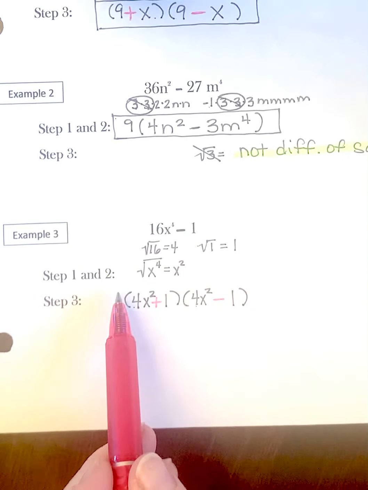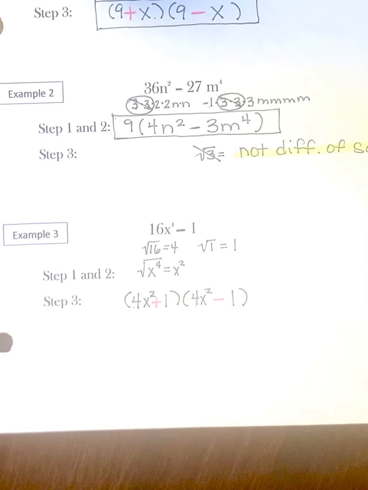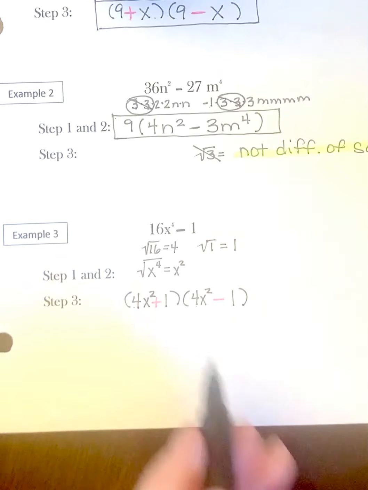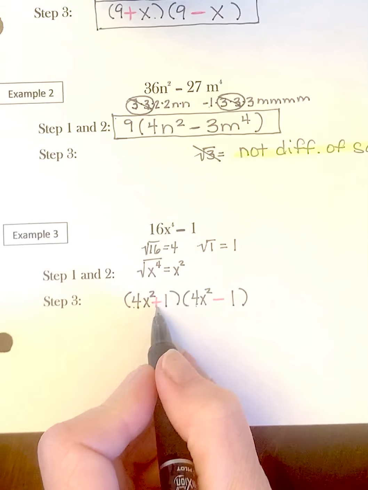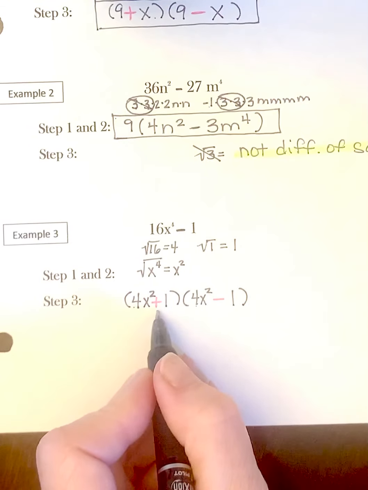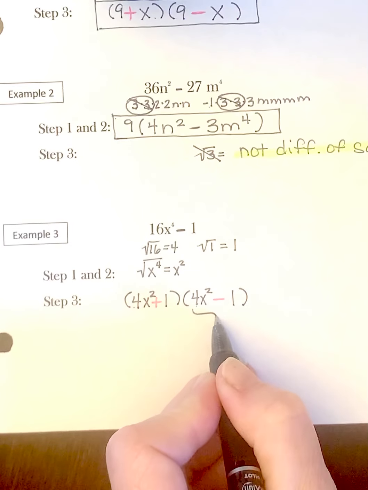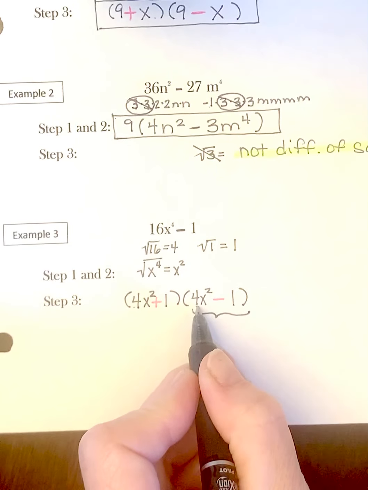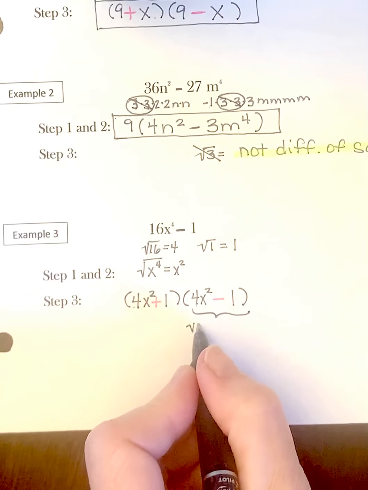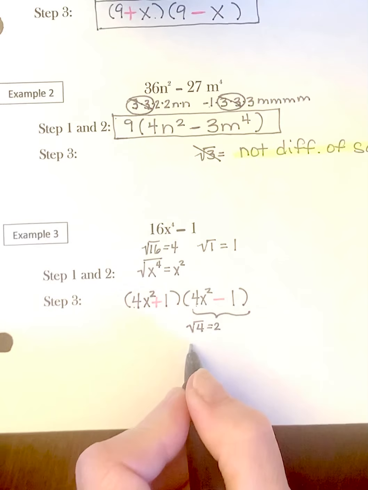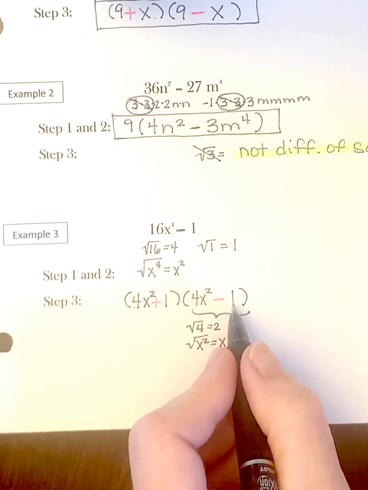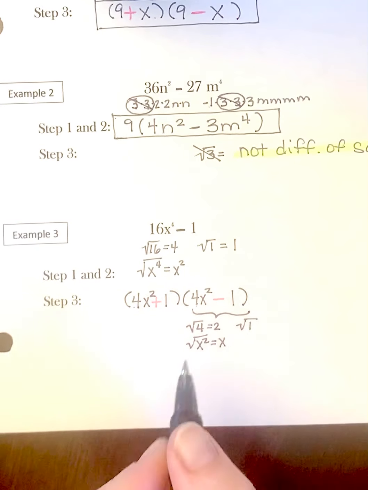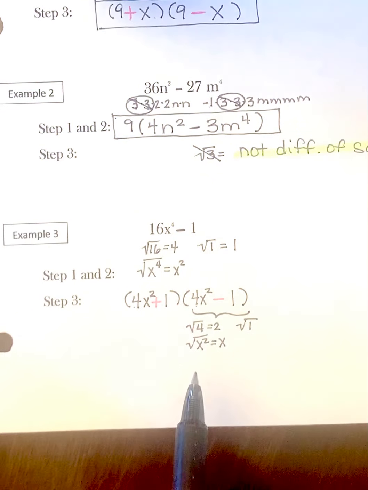Now, most of you would stop here, but you have to be really careful and check. See this binomial? There's a plus sign, so that is not a difference of squares. But if we look at this binomial, we can actually take the square root of 4, and we could take the square root of x squared, and we can take the square root of the 1, and it's a minus sign.